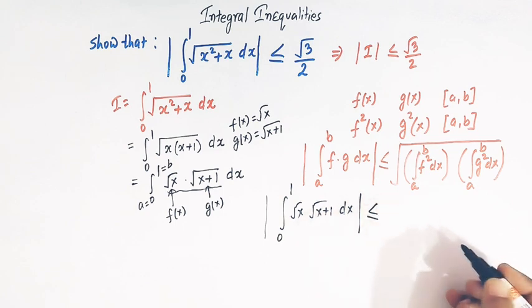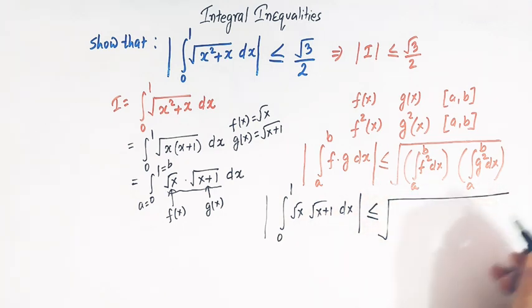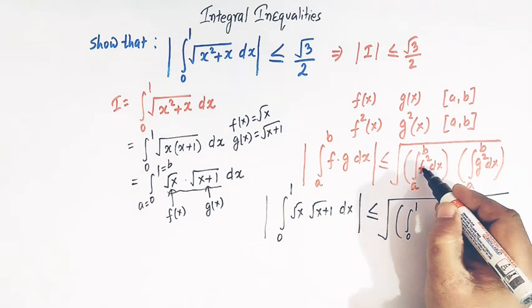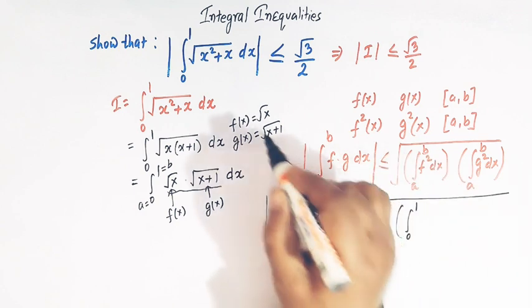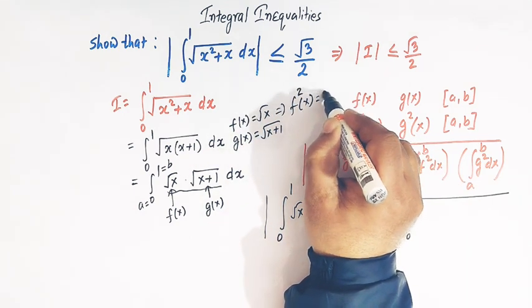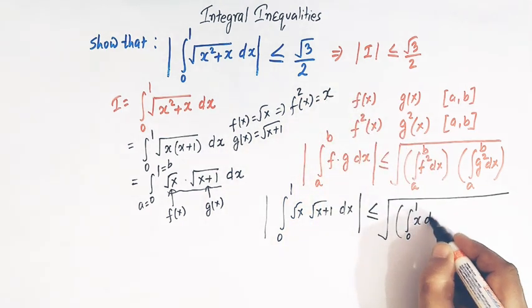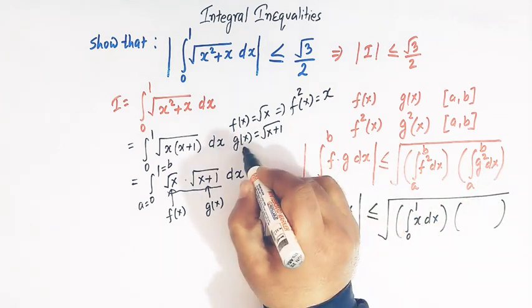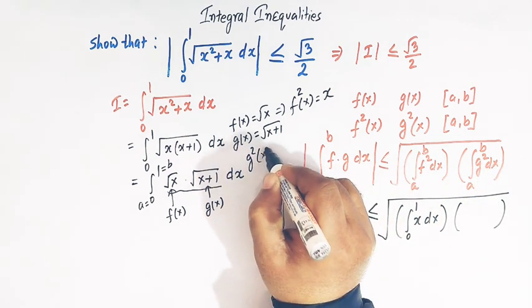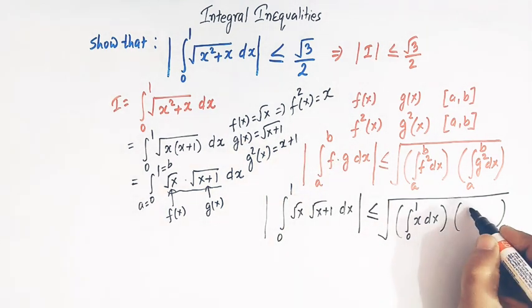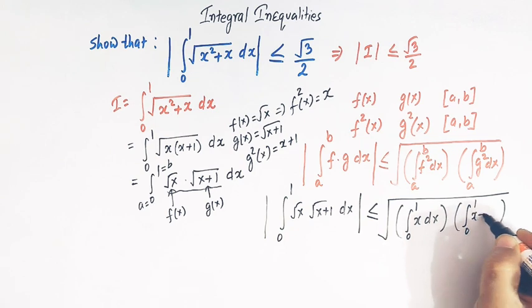This is less than or equal to the square root of the first integral from 0 to 1 of f square, and the square of f is equal to x, so here we have simply x dx, and the second one is g square dx. The square of the function g of x is x plus 1, right? So here we have the integral from 0 to 1 of x plus 1 dx.